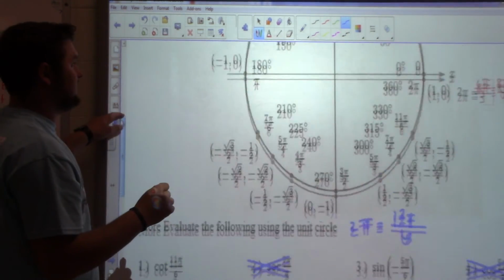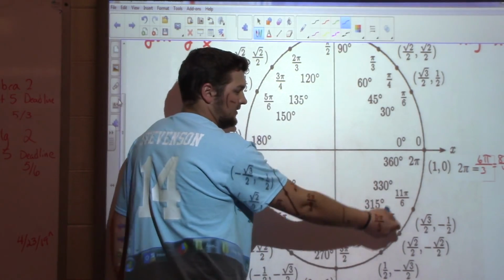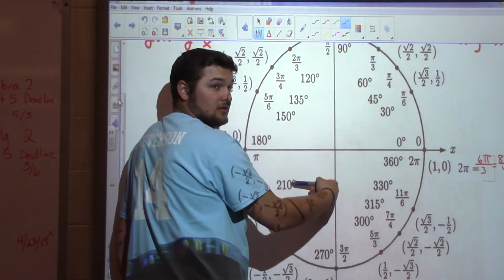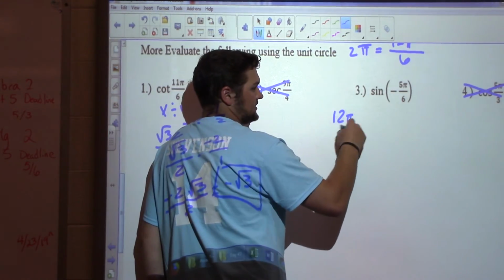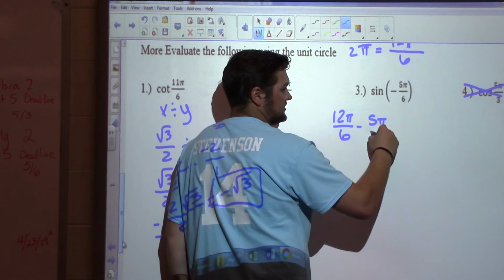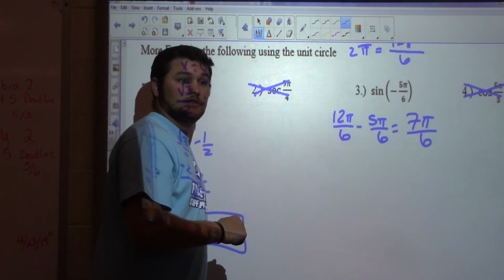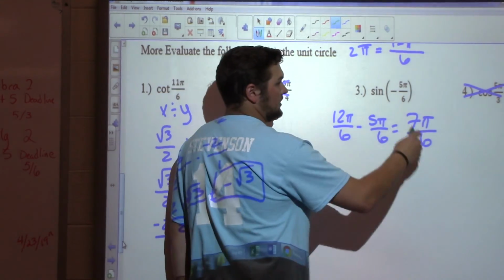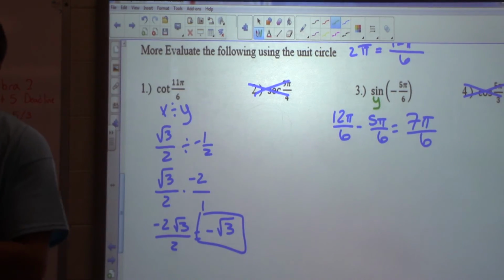Yeah, so let's do that. 12 pi over 6 minus 5 pi over 6 should give me 7 pi over 6. So instead of looking for sine of -5 pi over 6, I'm now looking for sine of positive 7 pi over 6.